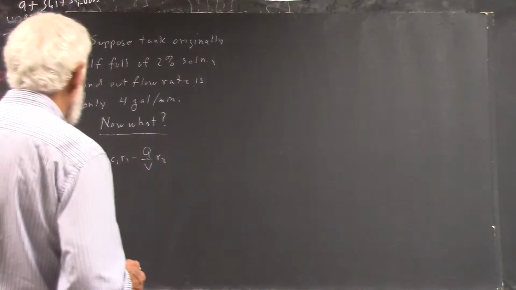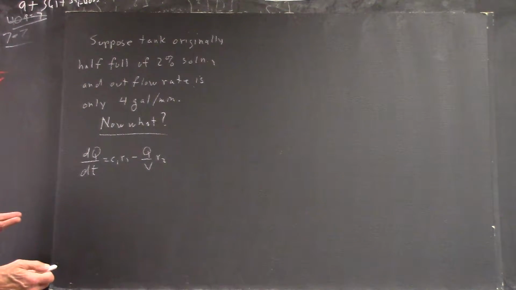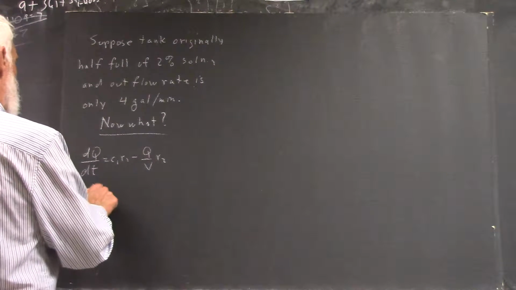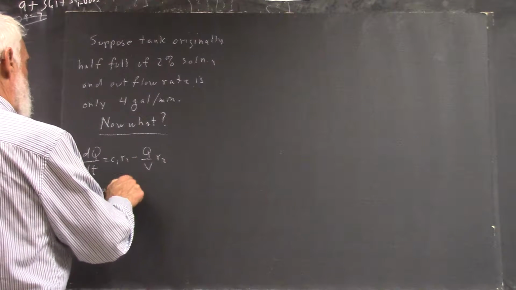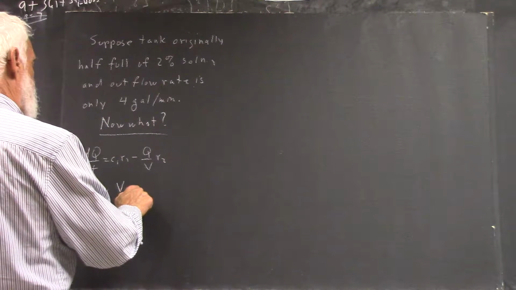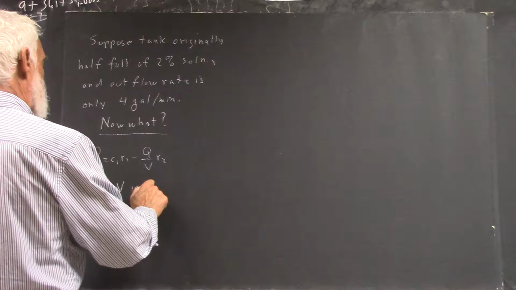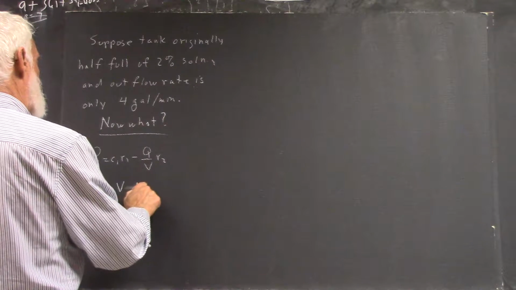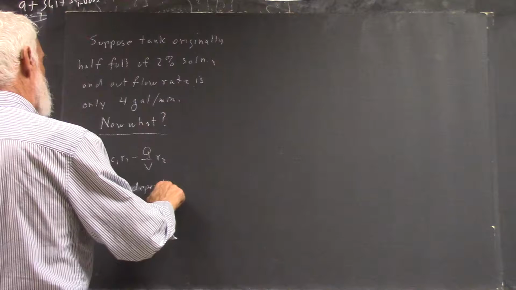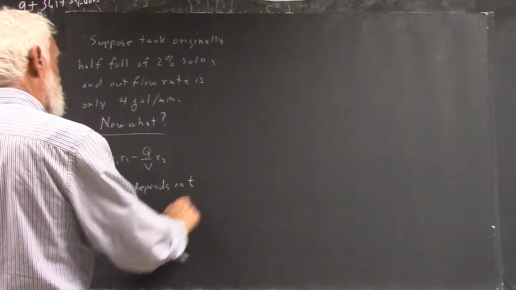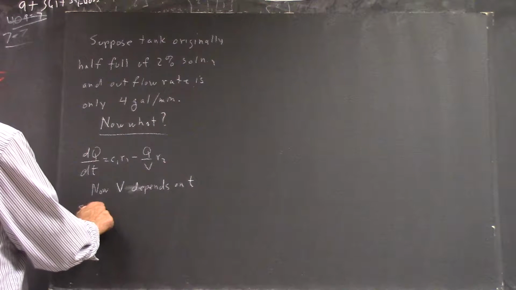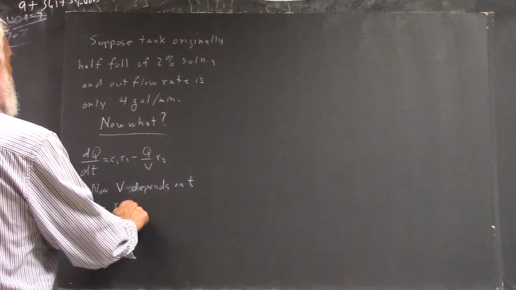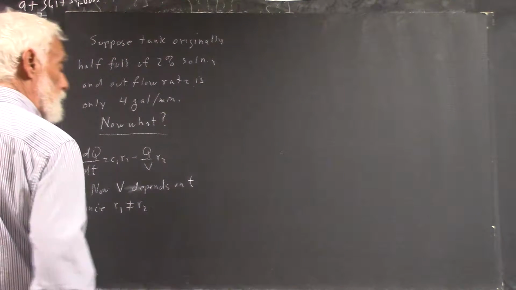Okay, so we've got this equation, but now V depends on T. It changes since R1's not equal to R2.